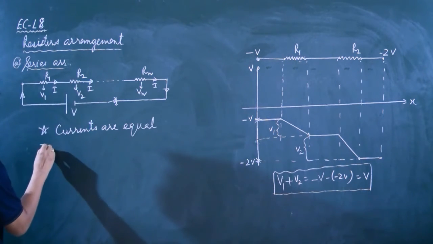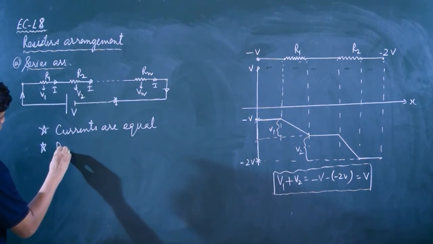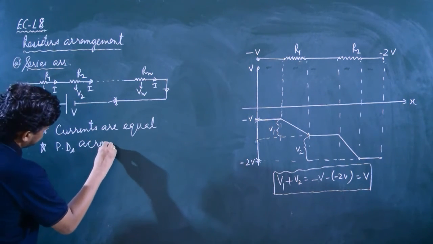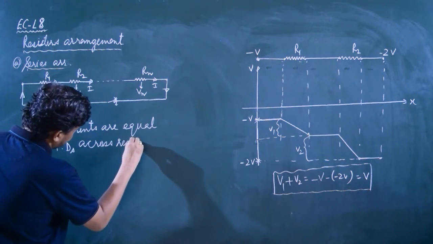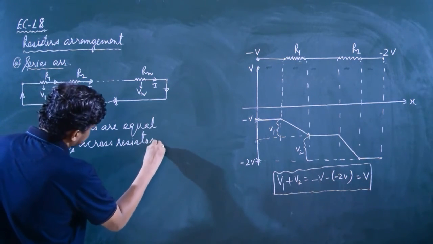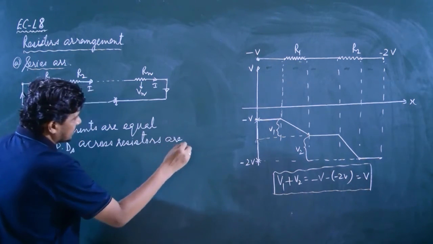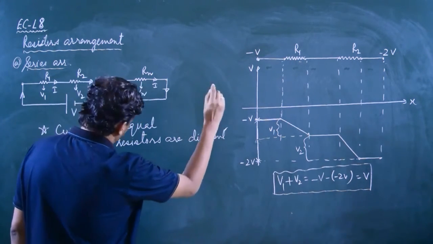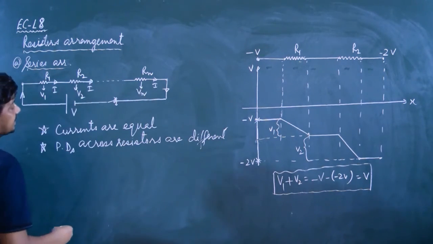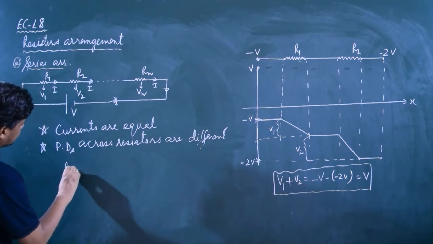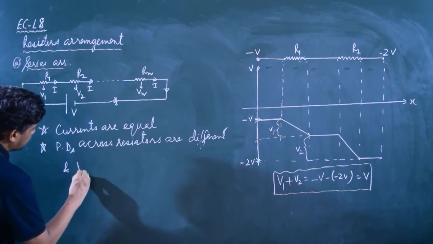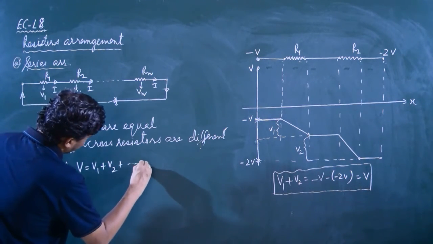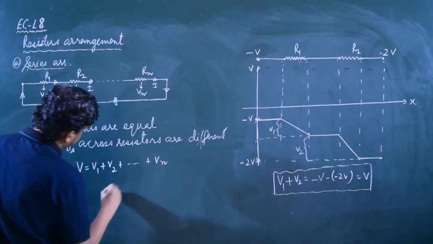And the next point, potential drops across the resistors are different. And the algebraic sum of potentials is equal to the supplied potential. So the supplied potential is V, that will be equal to V1 plus V2 and so on up to Vn.